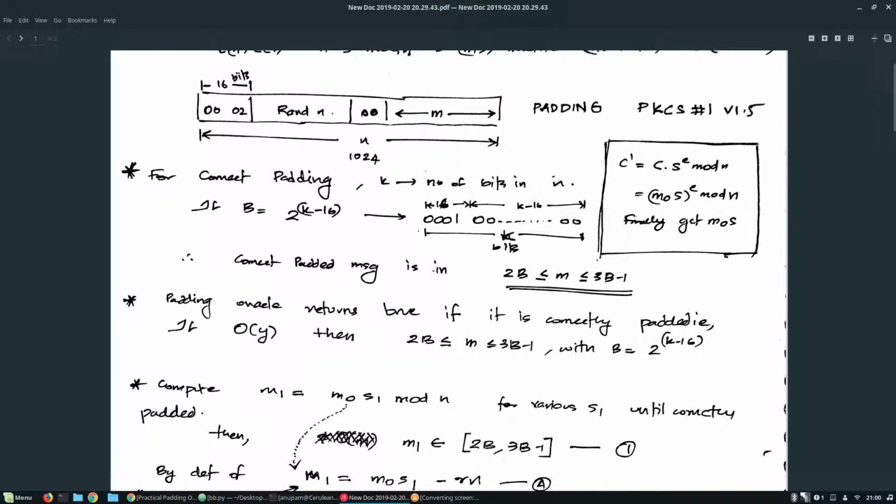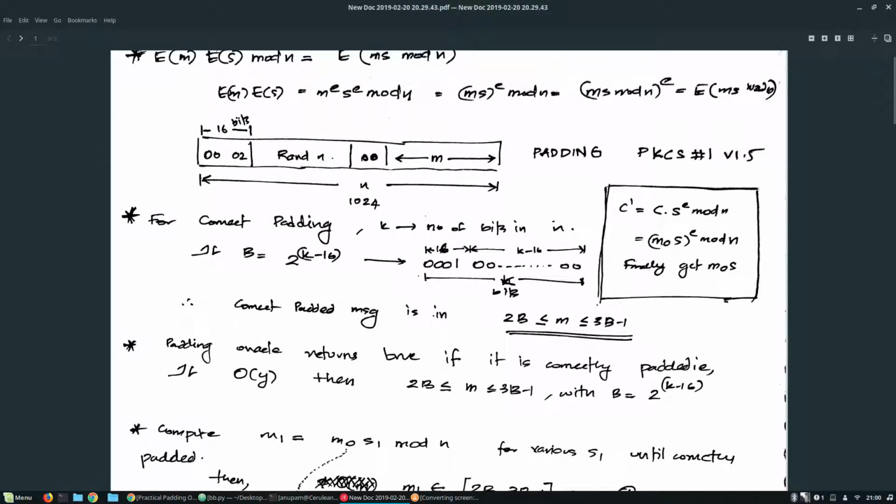Now suppose an encrypted message is of this padding format, then it should lie basically between 2b and 3b minus 1, where b is 2 raised to k minus 16, where k is the number of bits in our n, which is 1024. So this will look like this: 001 followed by a lot of zeros.